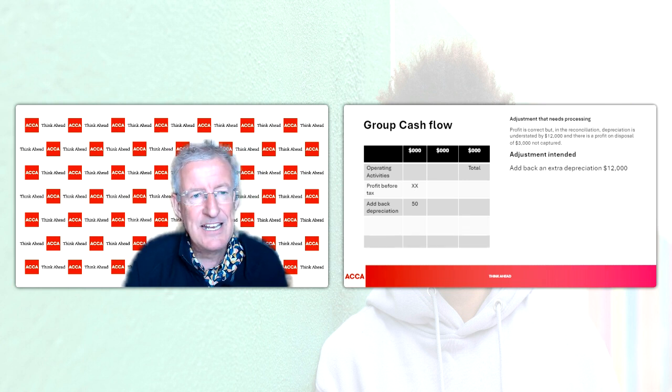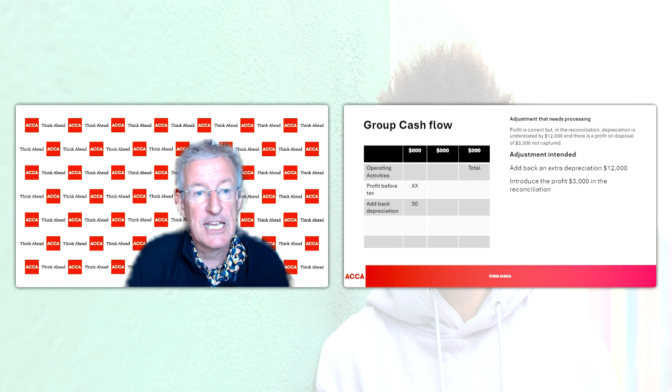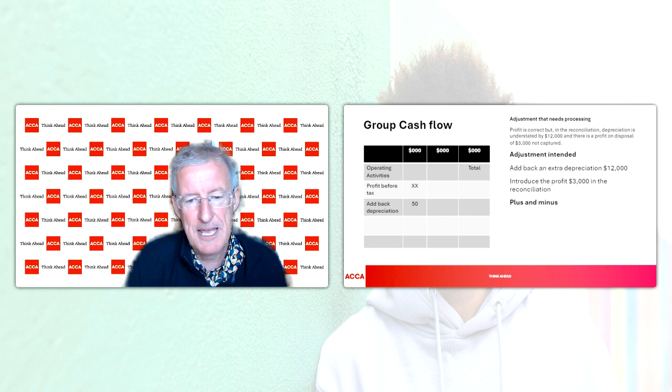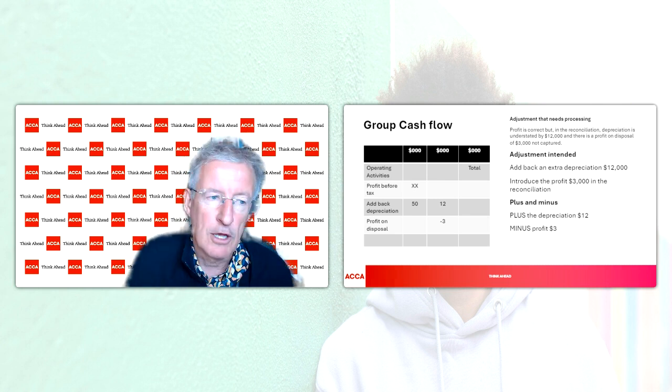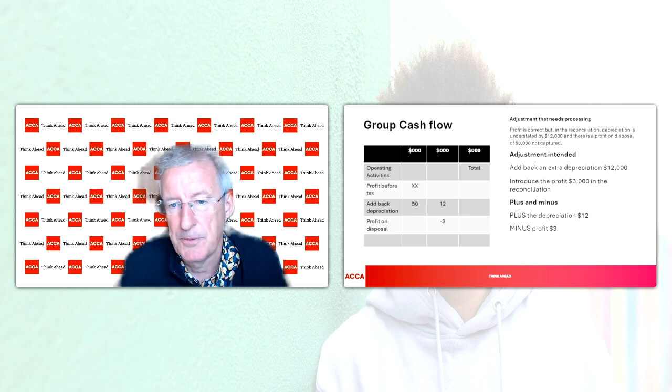So the intention is effectively to add back depreciation of 12, and to introduce the profit of 3 into the reconciliation. And so the adjustments that you would be making would be a positive 12 in the depreciation column and a negative 3 in the adjustment column to introduce the profit on disposal.